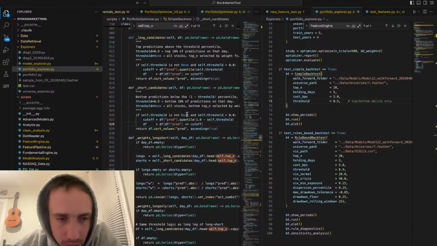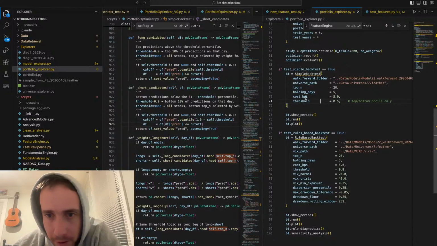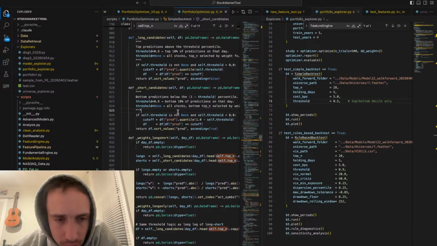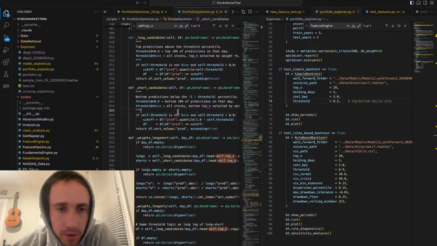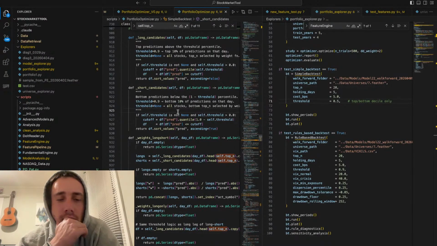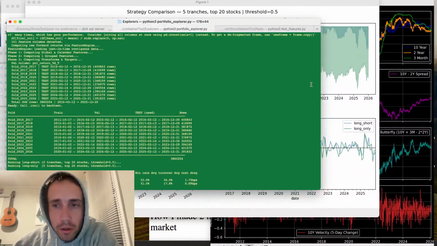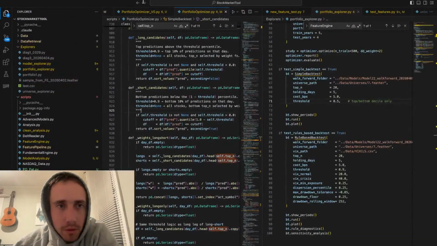Threshold is 0.5. I think there's a logic error here. The quantile of 1 minus 0.5. So why is it getting the quantile? Yeah, this is the problem. It just writes so much and I'm not sure what's going on.